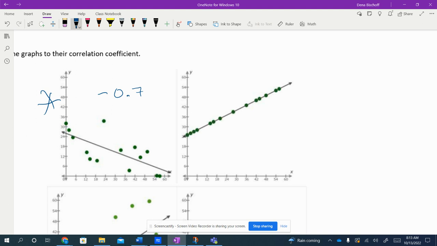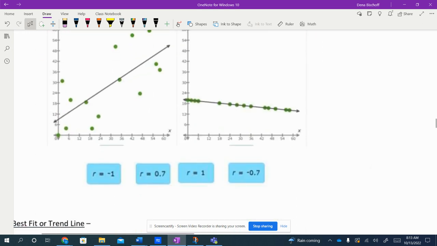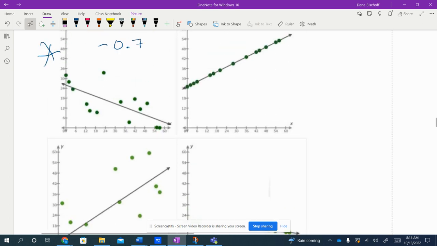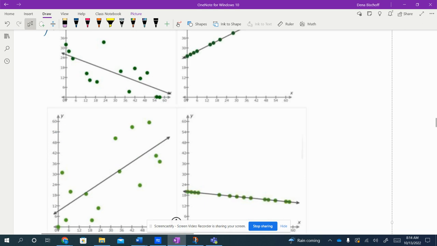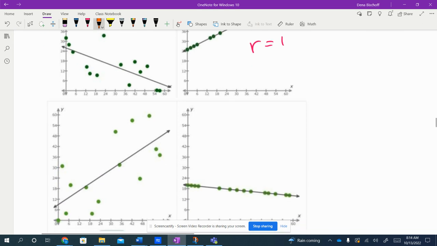What about this graph right here, the next graph? What do you think that correlation is, Miles? What's the R value? Of this top right one. R equals 1. I agree. Staley, let's look at this graph right here with the little orange asterisk.